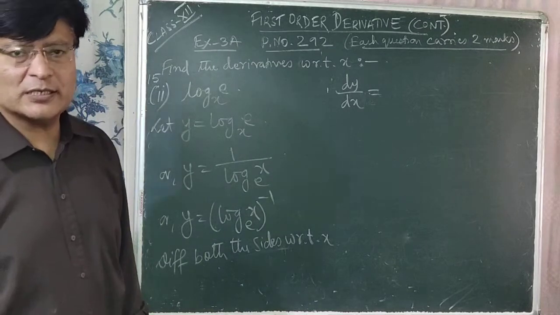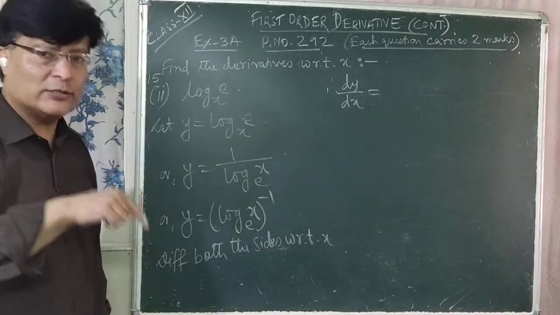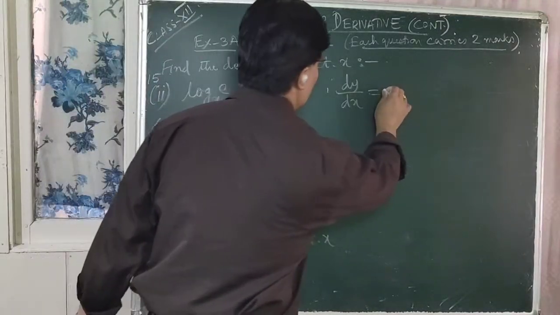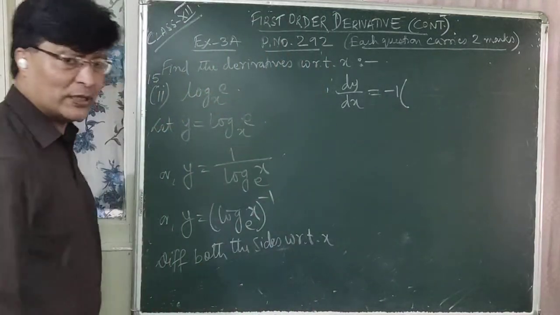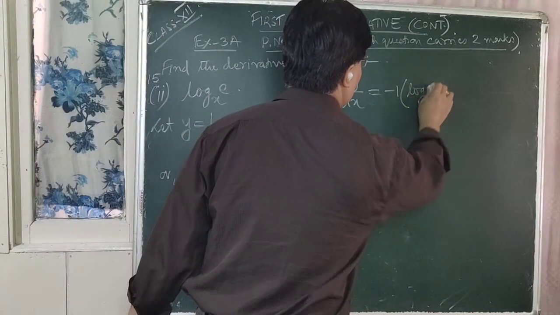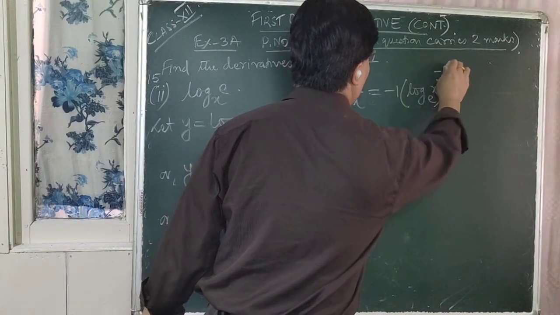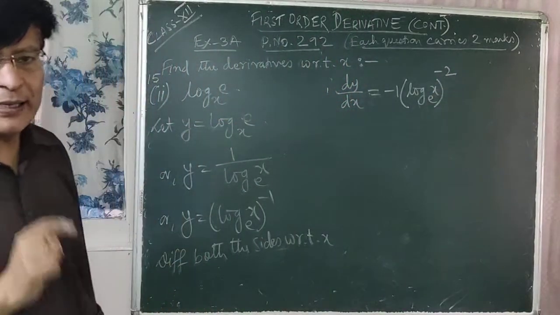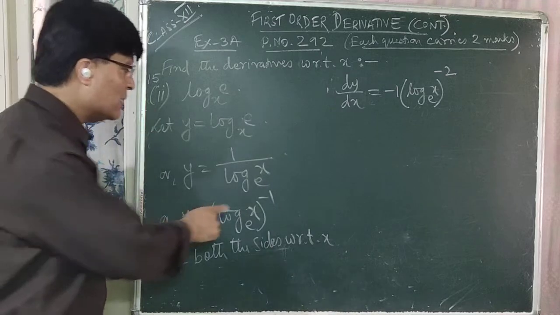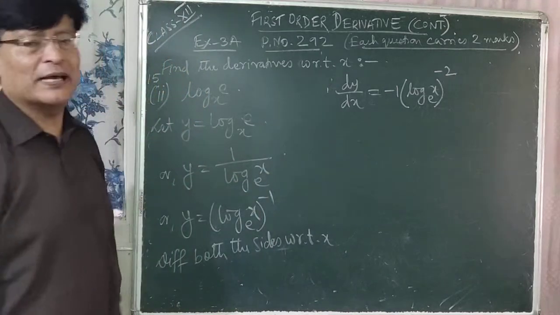So what is the differentiation of x to the power n? n into x to the power n minus 1. But in this case, what is n? It is minus 1 within bracket. What is x in this case? Log x base e whole to the power, decrease the power by 1. Decrease the power by 1 means minus 1, that is minus 2.